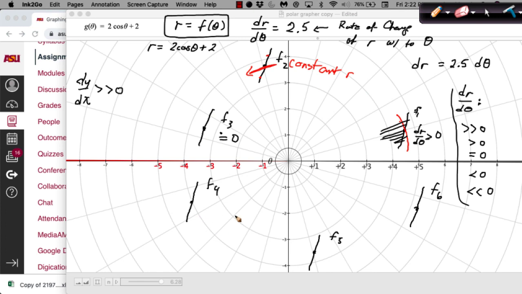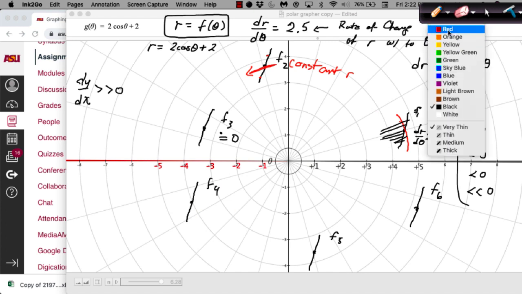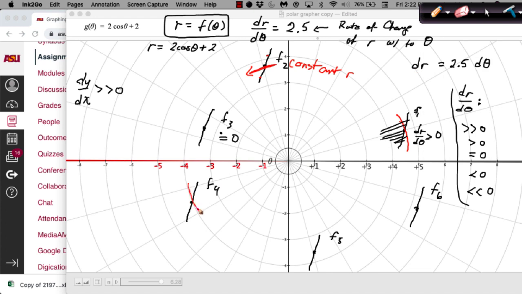Increasing, decreasing. Yep, it's increasing, right? As you go counterclockwise, r values are further from the pole. So again, that's like constant r, and as you go counterclockwise, your r's are increasing, so your dr d theta is positive.